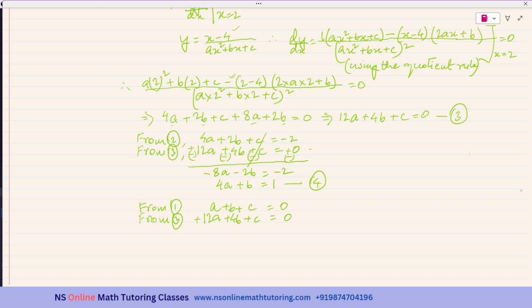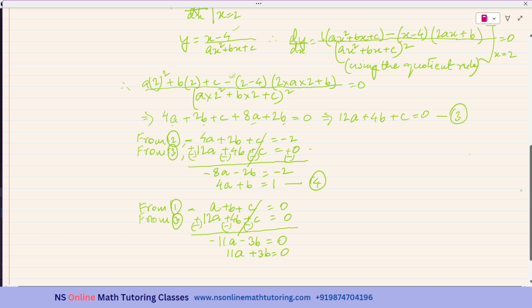And again, I am subtracting. This was a subtraction, and this is also a subtraction. A minus 12a is minus 11a, and b minus 4b is minus 3b, equal to 0. So 11a plus 3b equal to 0.